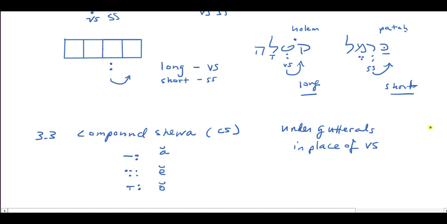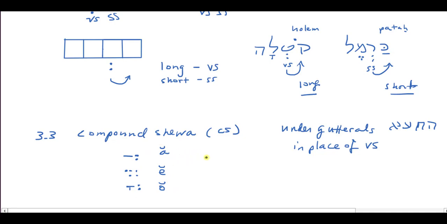Now we need to remind ourselves, what are the guttural consonants? The guttural consonants are those consonants that are formed in the back of the throat, and they are he, chet, ayin, and aleph. Okay, those are our 4 guttural consonants. These cannot take a simple vocal shava. They must have a compound shava instead.